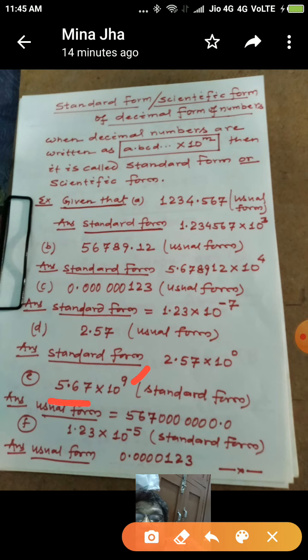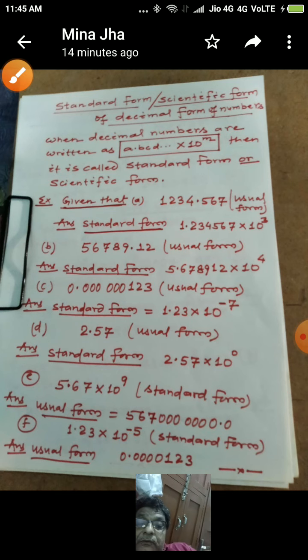So in usual form this decimal will go after 9 places to the right. Counting 1, 2, and only 2 digits are on the right, so we put 7 zeros to make it 9 places, and then the decimal will be placed, and since after the decimal there is no digit, we have put 0. In this way it comes in usual form.